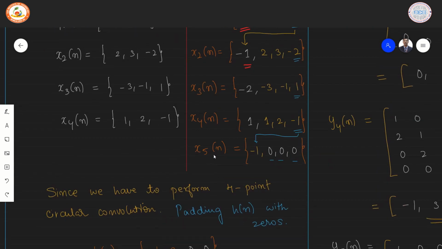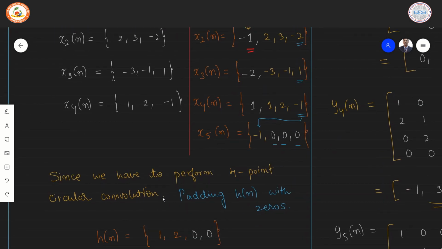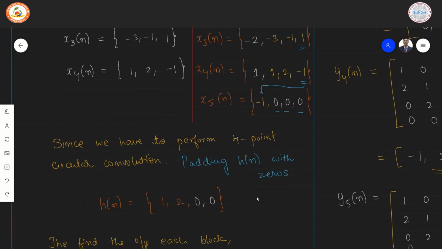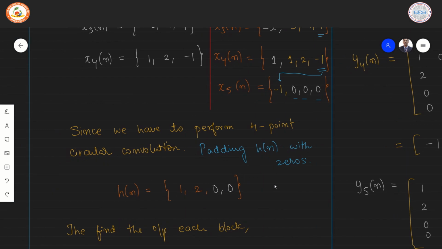In the next step, we perform the 4-point circular convolution. While solving problems, convolution is preferred over DFT because we can do convolution in a faster way, whereas a system would perform the same DFT and IDFT in shorter amount of time.